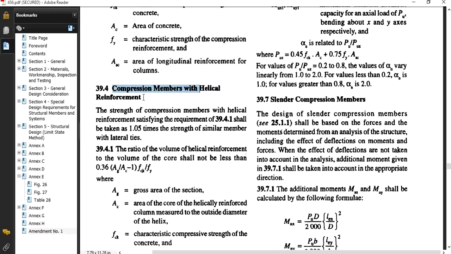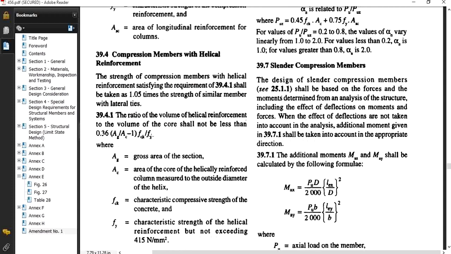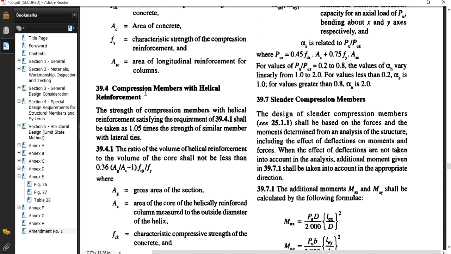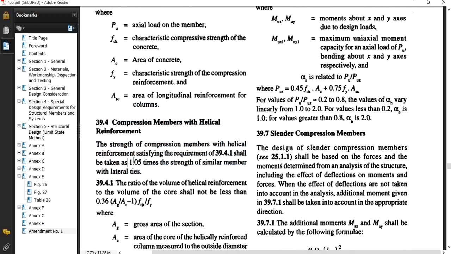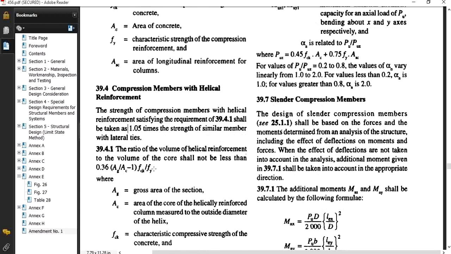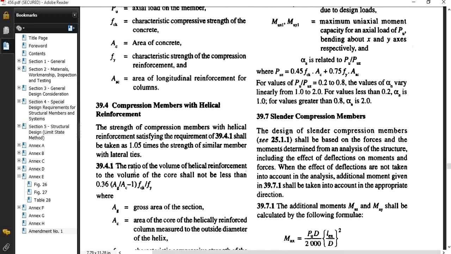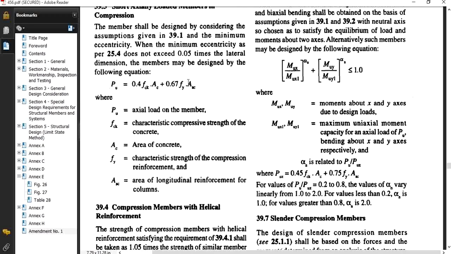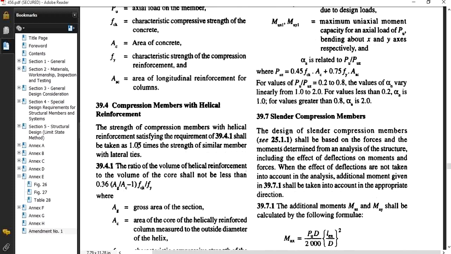What this para says is, if I want to calculate the strength of a helically reinforced circular section, and it satisfies this particular condition, then we directly use this equation and multiply it by 1.05 to get the strength.